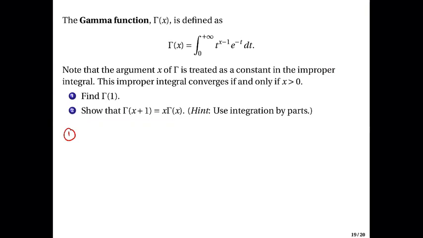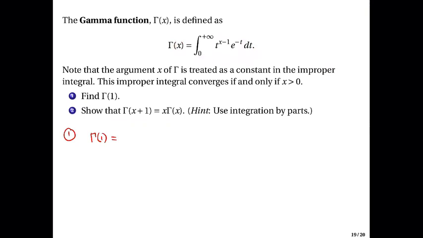So for the first one, gamma of 1, take note, this is x, this is x. The integral here is with respect to t, so x here is just a constant in this integral.